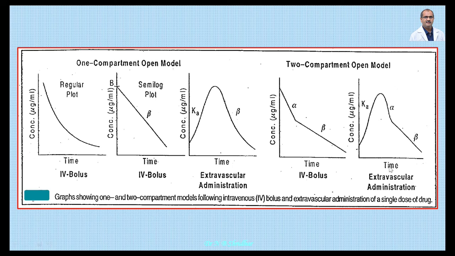This is also very similar for extravascular administration. If you administer the drug parenterally, by the intramuscular route, or by the oral route, in the oral route it comes from here. In the intramuscular route, the concentration initially increases and Cmax is reached. Once again, the alpha and beta phases, that is the distribution and elimination phases, will start.